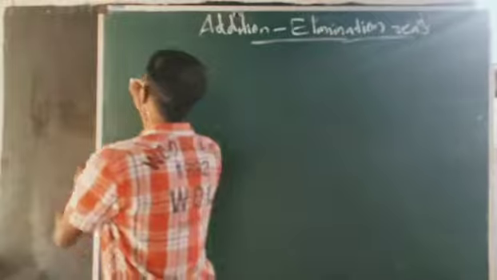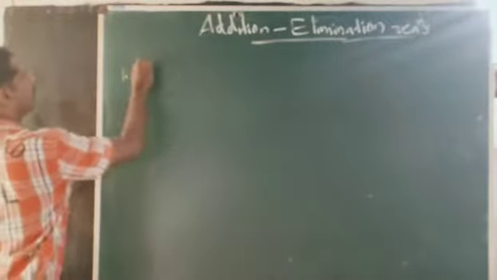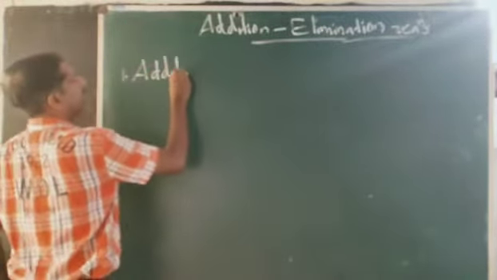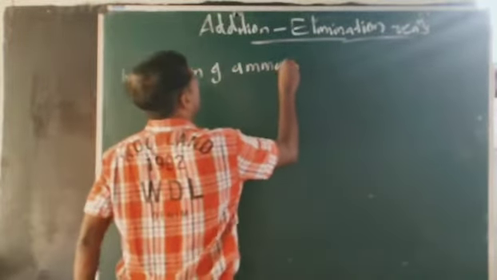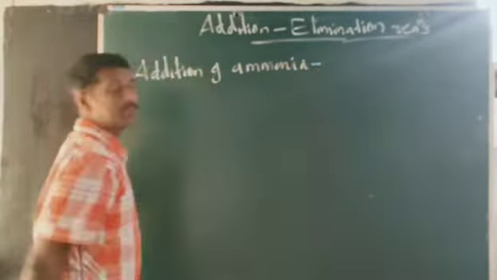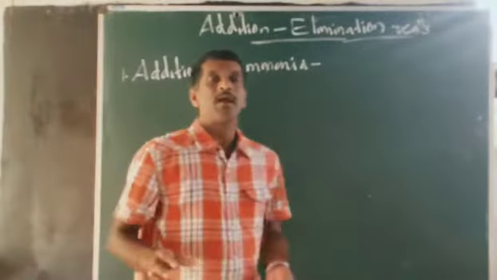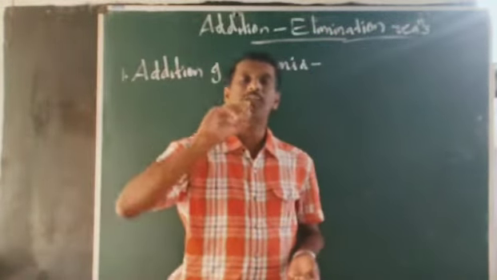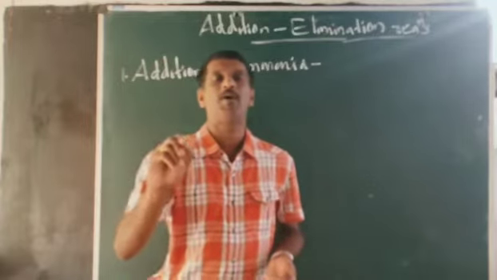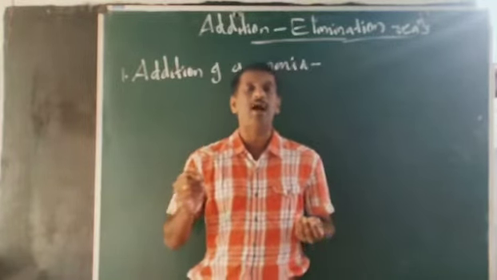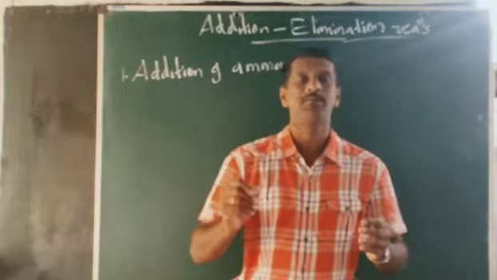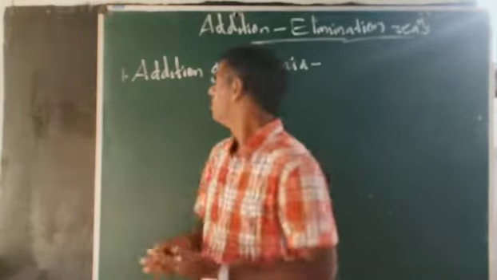First one is addition of ammonia. Except formaldehyde, other aldehydes react with ammonia will form aldehyde ammonia, which will immediately undergo dehydration to form imines. So what is that?